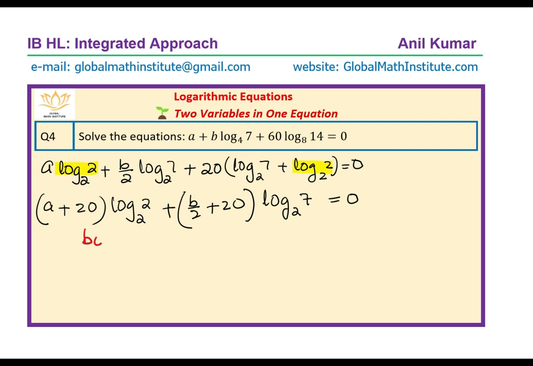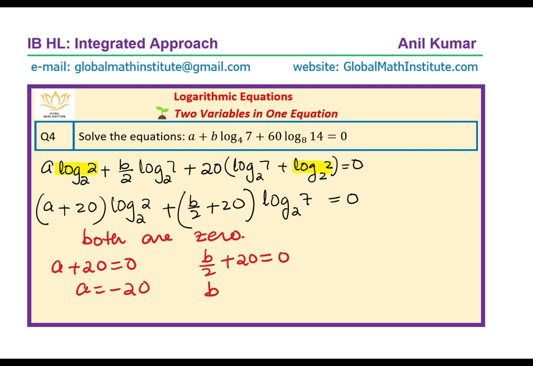So a plus 20 equals 0, which gives us a as minus 20. And here we have b by 2 plus 20 equals 0. That gives you b as minus 40. So that becomes the solution of this particular equation.